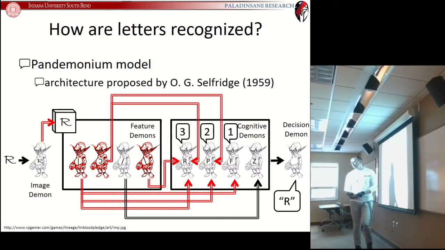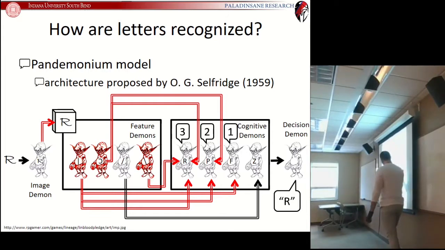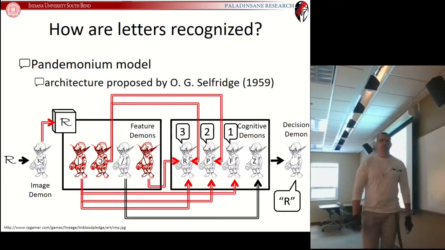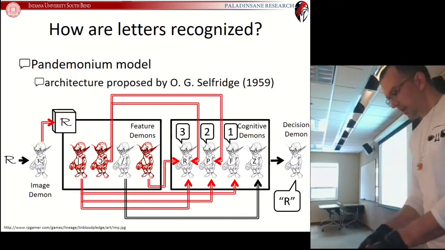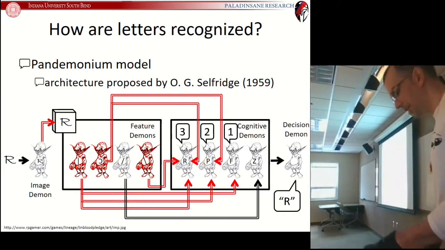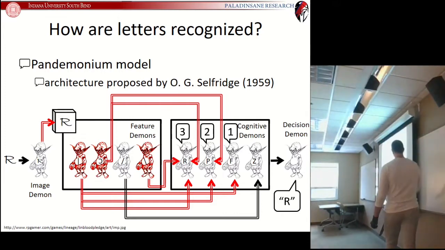So this model here is better at explaining how it is that we recognize different fonts. This model here is more likely to be how we represent this information because it explains that we can see these different fonts. So interestingly, a couple of things about this model.